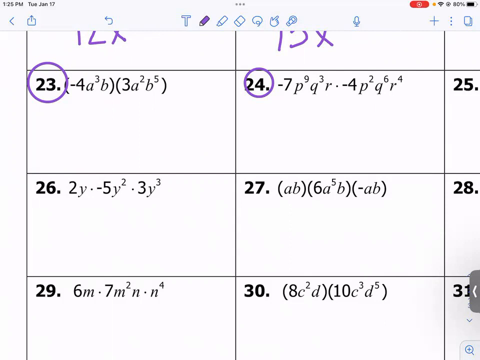Reagan, what did you get for number 23? Okay, so we say a to the 5th, b to the 6th. Okay, Colin, explain to me how she got -12. So -4 times 3 would equal -12. Okay, Maddie, how'd she get a to the 5th?